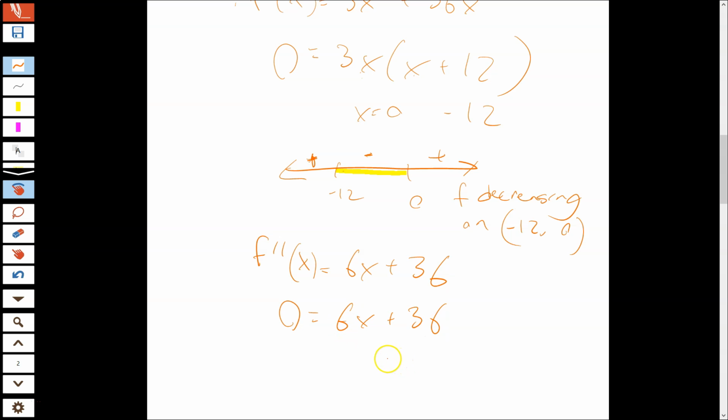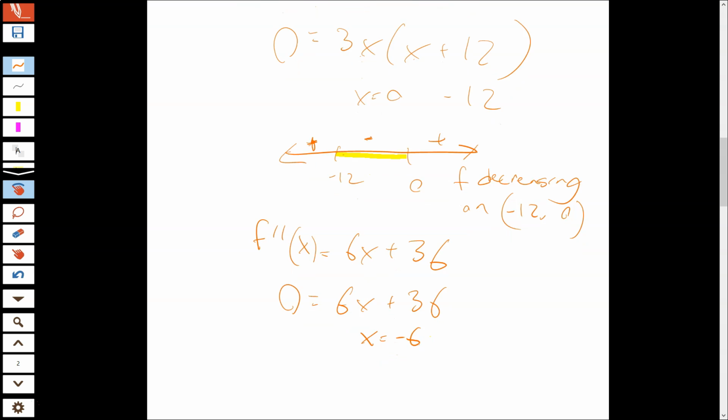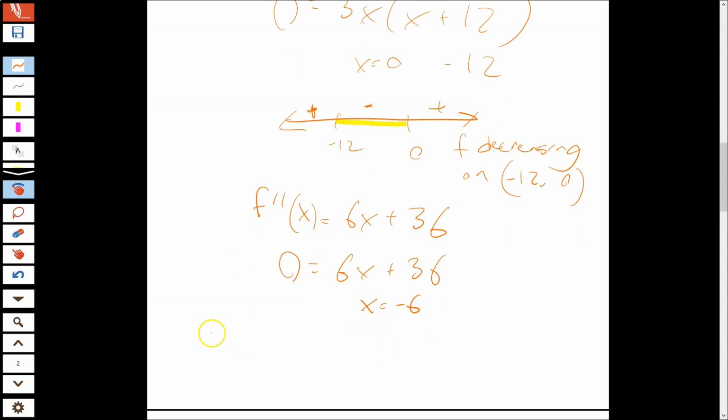What you get is negative 6 is the solution to that. Okay. Then I'm going to draw my sign chart. My sign chart is quite easy in this case. So negative 6 is in the middle. If I plug negative 7 into this, I will get a negative result.